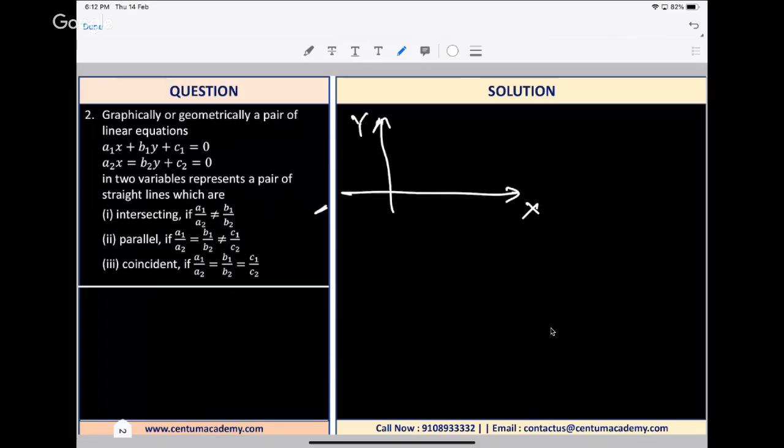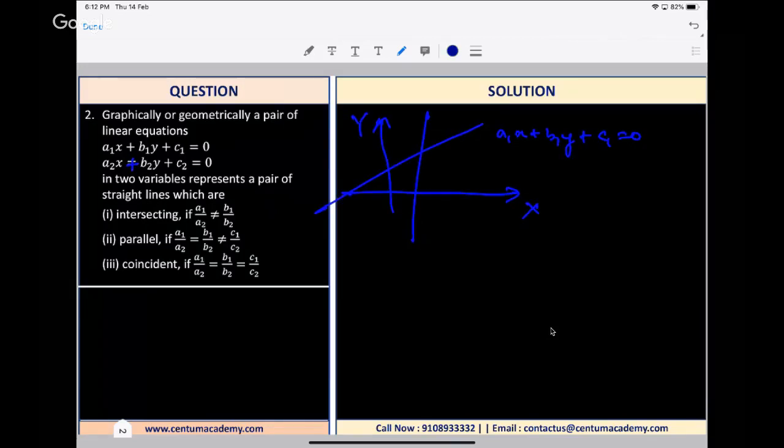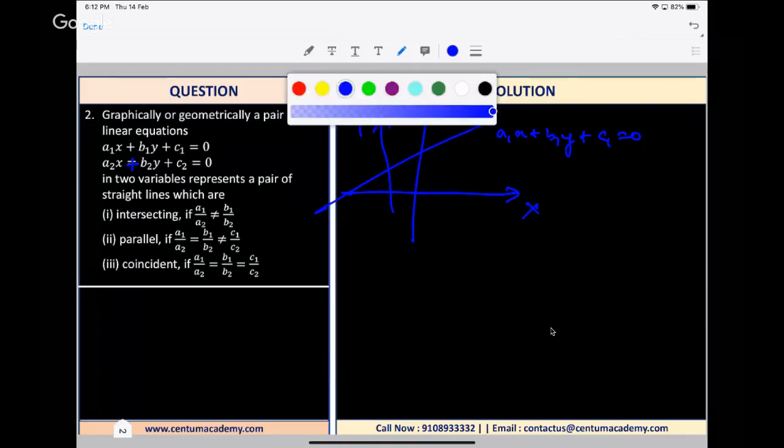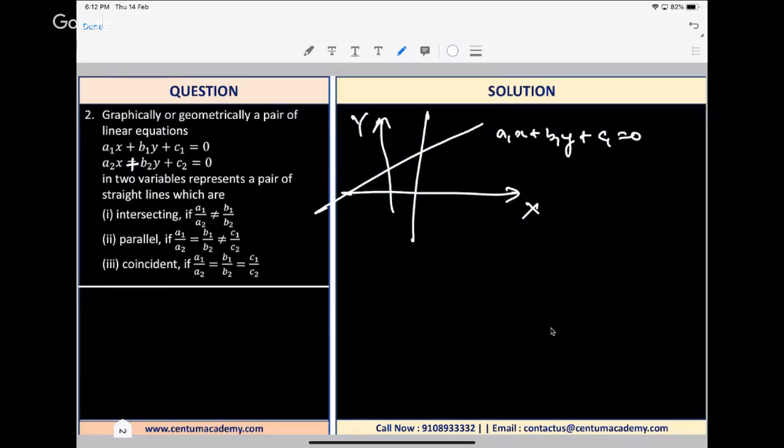A linear equation will be of this form, a1x plus b1y plus c1 equals 0. Another equation could be something like this, a2x plus b2y plus c2 equals 0.